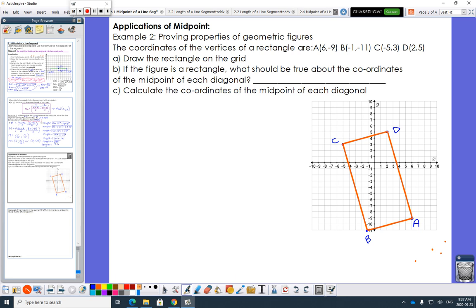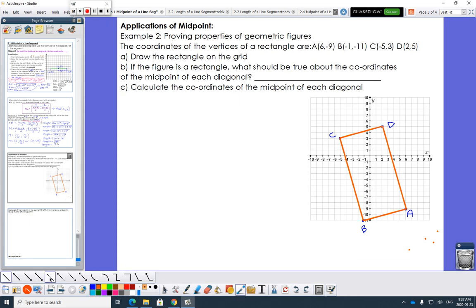Okay, so some of the questions are just straight up, prove the shape is a rhombus, prove a shape is a parallelogram or whatever. Sometimes the questions will talk about diagonals, okay? So they're getting fancy. A diagonal is like this, right?